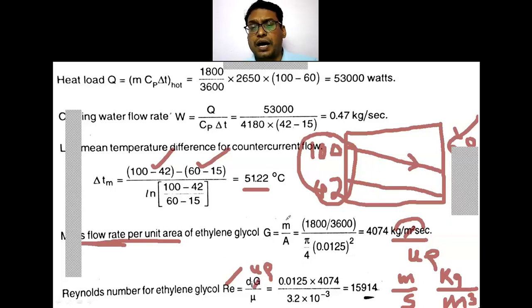So in this case, the mass flow rate that is mentioned is 1800 kg per hour for the ethylene glycol, converted into seconds, and the area is pi by 4 into d square. Now in this case, di is to be taken into account, because the ethylene glycol is flowing through the tubes.